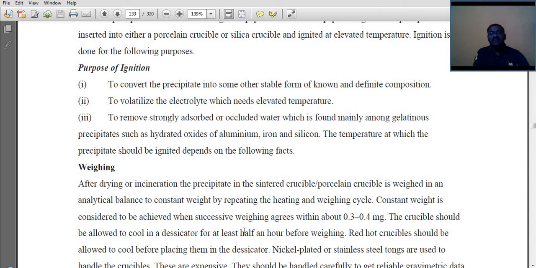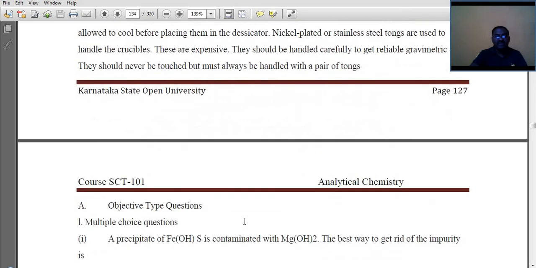The volatile electrolyte needs elevated temperature to be removed, as does strongly adsorbed or occluded water, which is found mainly among gelatinous precipitates such as hydrated oxides of aluminum, iron and silicon. The temperature at which the precipitate should be ignited depends on the following facts. One is that weight.